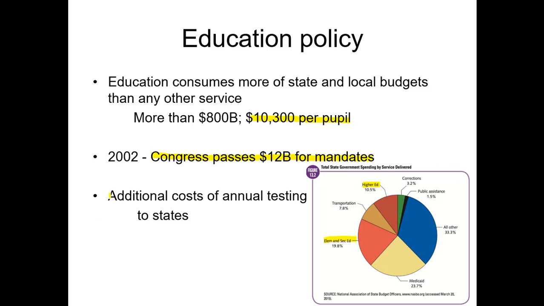And so this provides additional costs to the states for annual testing in particular. That is part of our federalist system, but also part of the friction between the federal government and states when the federal government requires states to do something, but then the states have to come up with a way to pay for it.